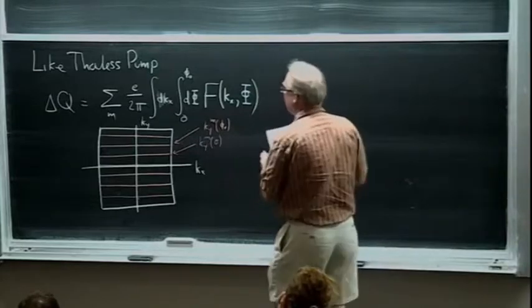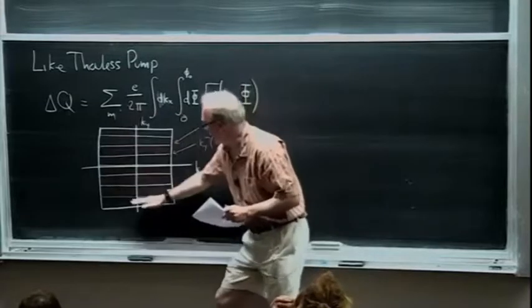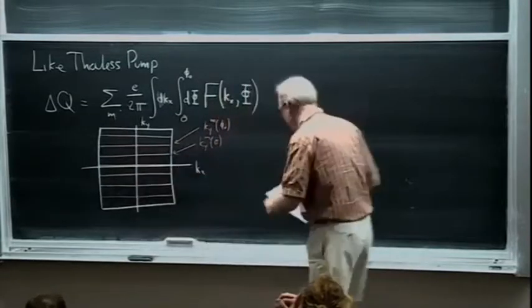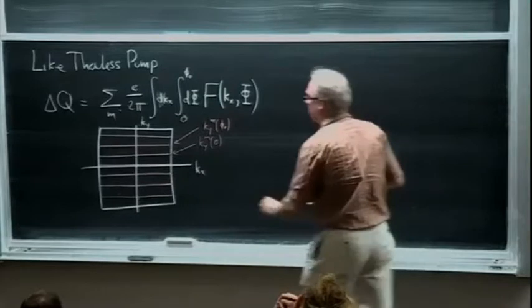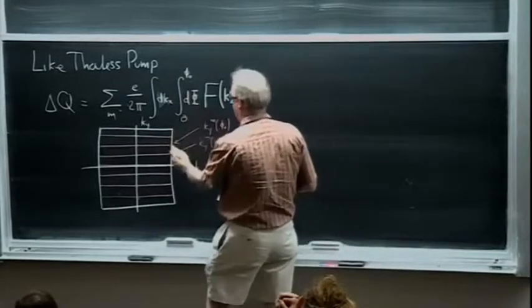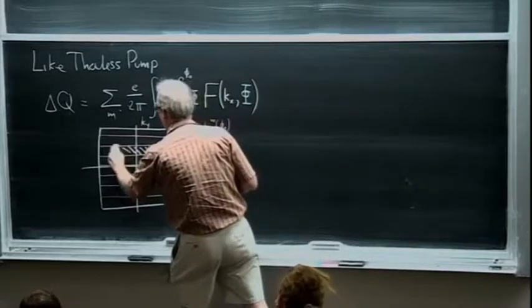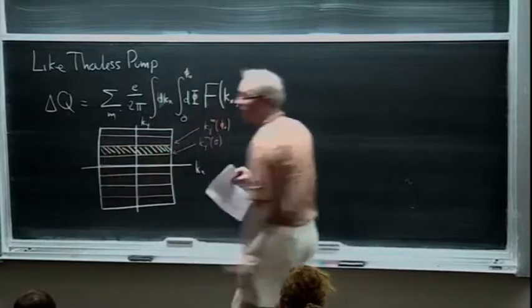What I can do then is, when I'm doing an integral and I'm summing over all of these lines, what I'm effectively doing is integrating. When I integrate phi to phi naught, I'm effectively integrating K over this region here.